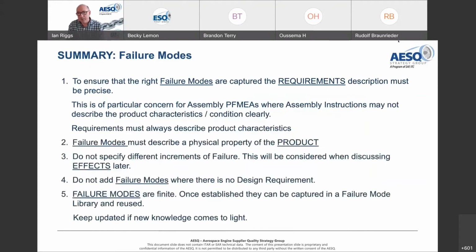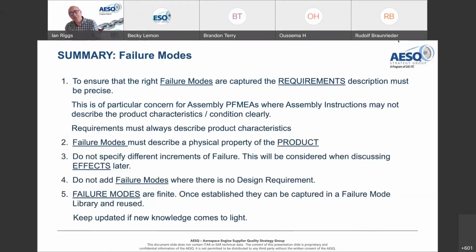Okay, so in summary, as I just said, the right failure modes come out of the requirements description. So the requirements description must be concise and precise to allow the failure mode to kind of fall out of that description.